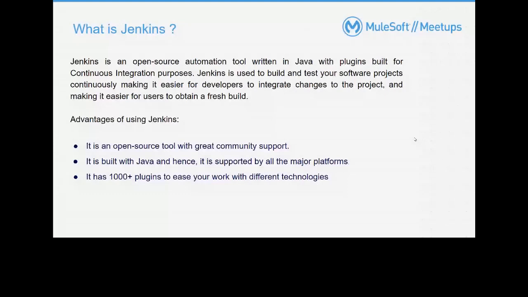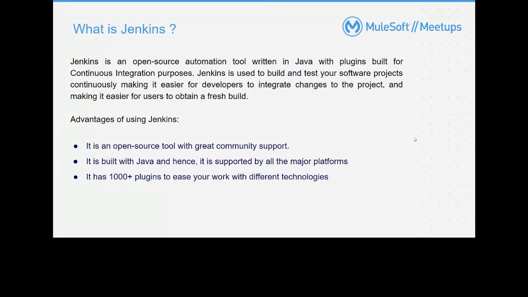Very good morning to all the attendees. From here, I will be taking you through CI/CD deployment using Jenkins. Before starting with the demo, we should know about the terminologies and get familiar with them. So what is Jenkins? Jenkins is an open source automation tool written in Java with plugins built for continuous integration. Jenkins is used to build and test your software projects continuously, making it easier for developers to integrate changes to the project and for users to obtain a fresh build.